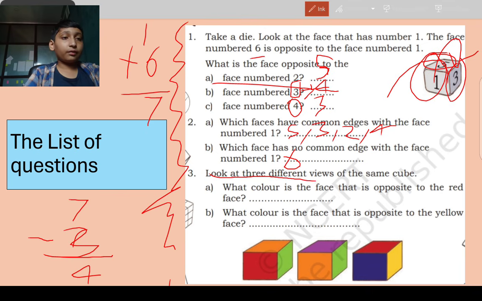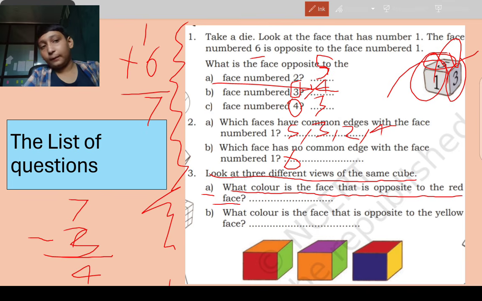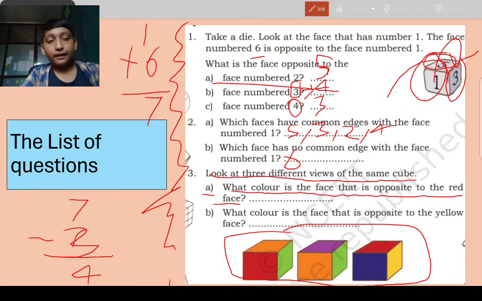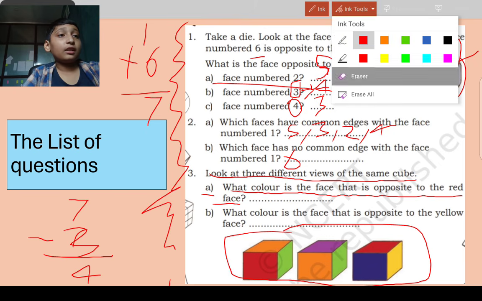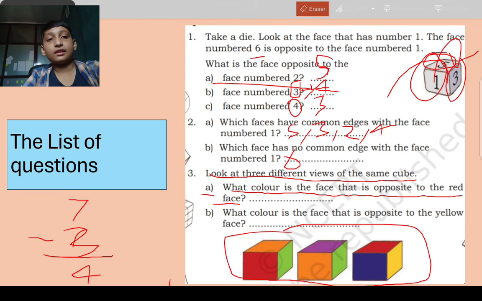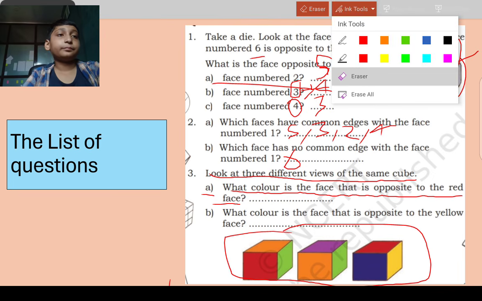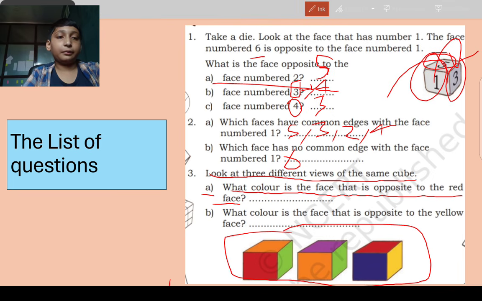Look at the 3 different views of the same cube. A. What is the color of the face opposite to the red face? So okay, we have 3 different pictures, and we have to find its value. So this is going to take some time, but still it's explainable.